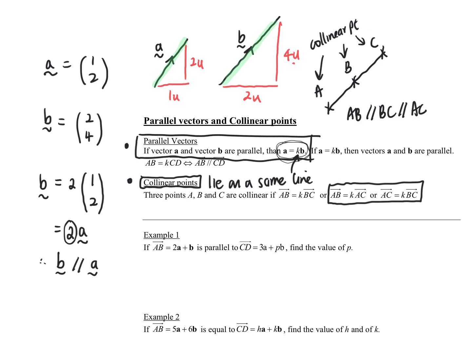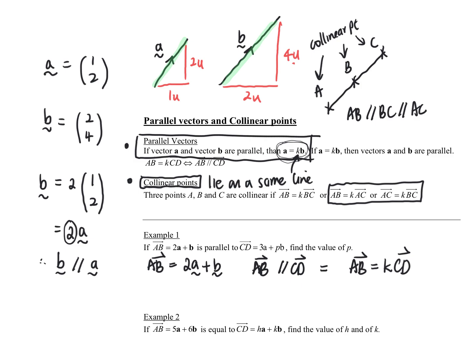Okay, next one. If AB is 2A plus B, that means they tell me this: 2A plus B. Okay, and it is parallel to CD. So just now we mentioned that if they are parallel, we can say that they are ratios of each other. So I can write this: AB is equal to K times CD.